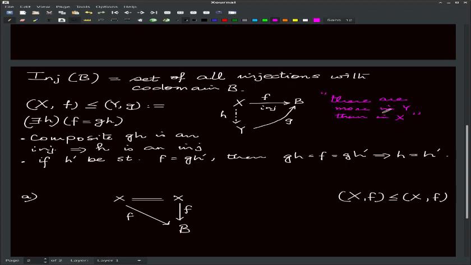That is the idea that is being represented by this relation. Yeah? Okay? Yeah, it's clear now.